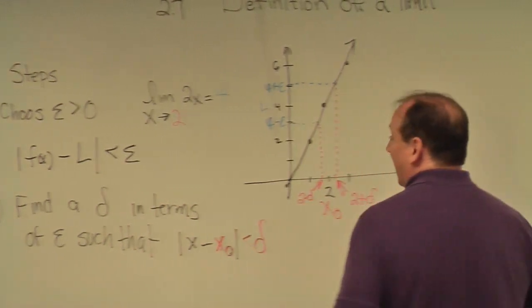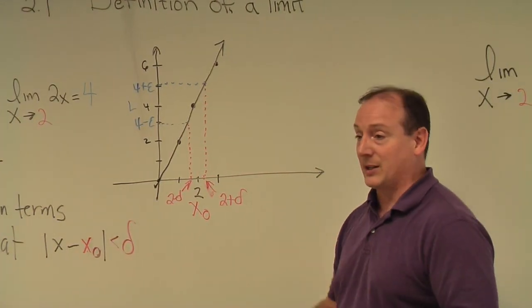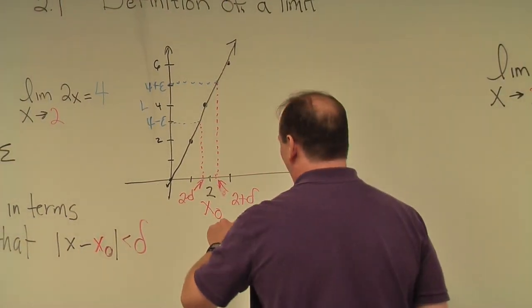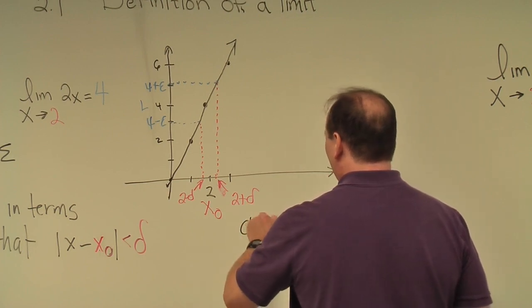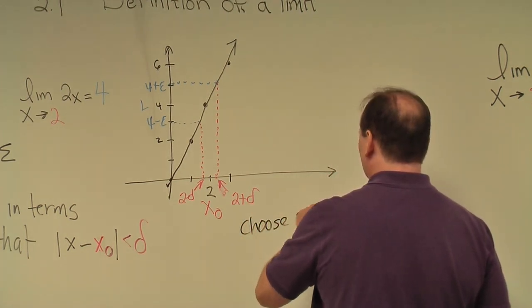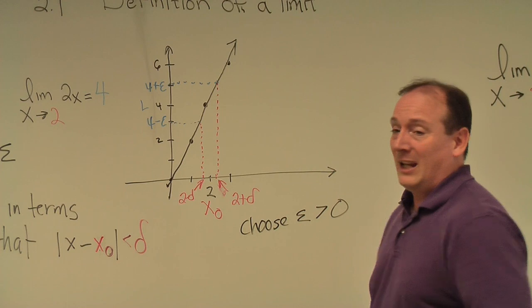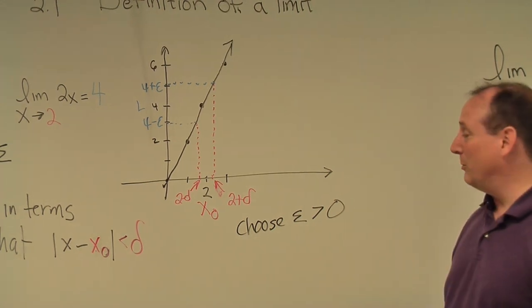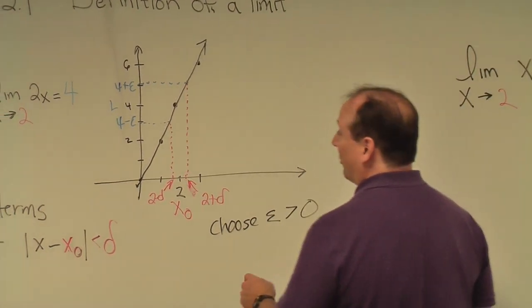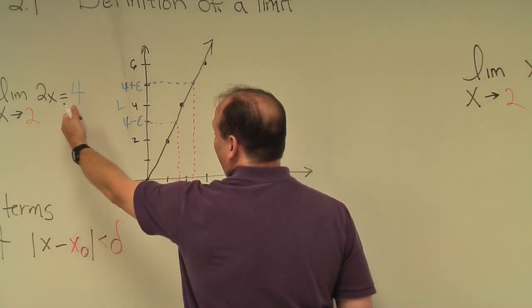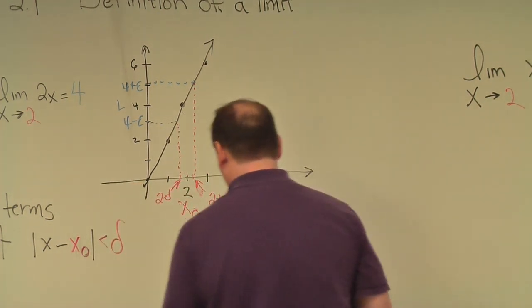All right, so as I said before, we choose epsilon greater than 0. That's how you always start these things. And then we want to assume that we're in the window. So our proposed limit here is 4.